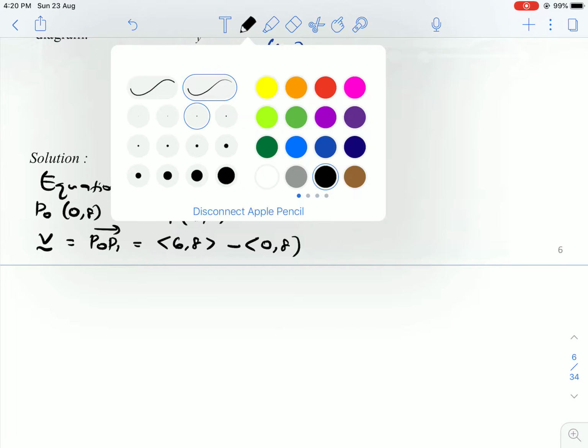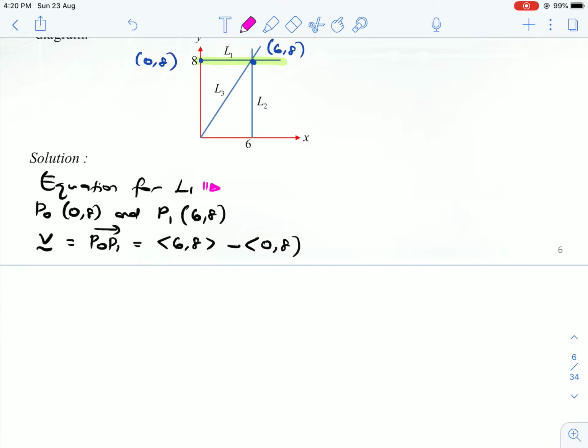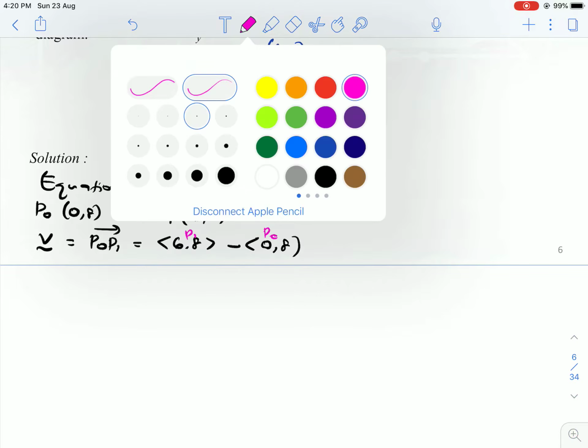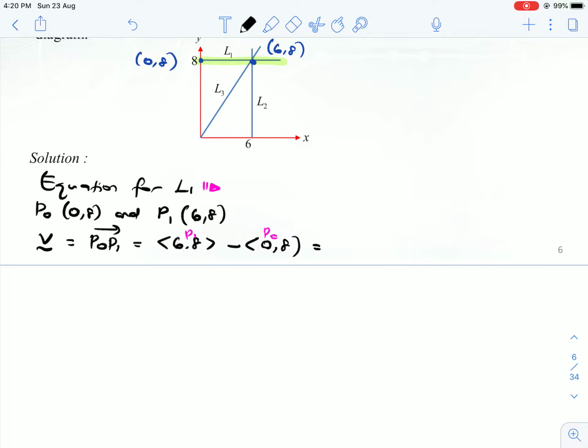Let me put here P1 minus P0. This is P1 minus P0. So we have the vector (6, 0).